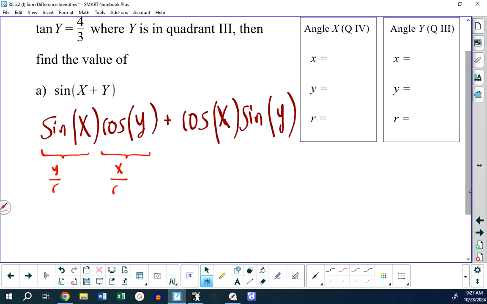So this x is this x. This r is this r, because it's for angle y. On the other hand, this y is this y, and this r is this r, because it's for angle x.